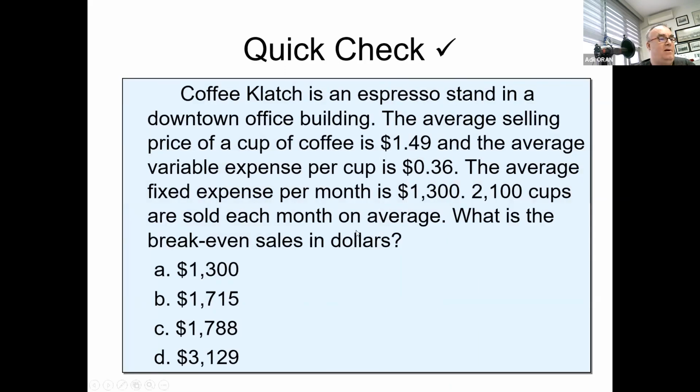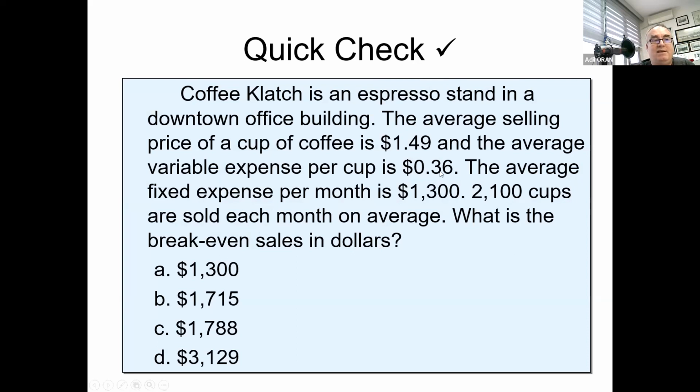If break-even sales in dollars, well, you can do it both ways, right? 1,150 cups, multiply that by 1.49, the selling price, would give you the break-even point in dollars. Or if you want to do it with a formula directly, again, fixed expenses, $1,300, divided by the contribution margin ratio.